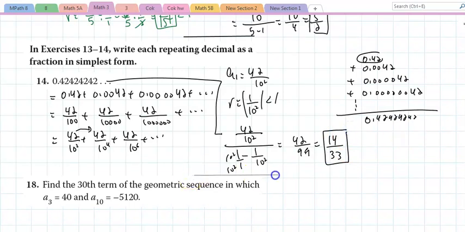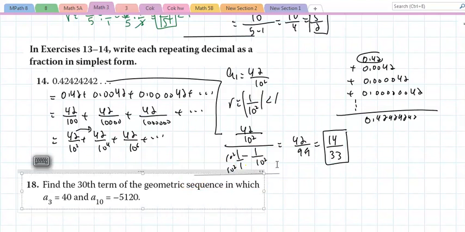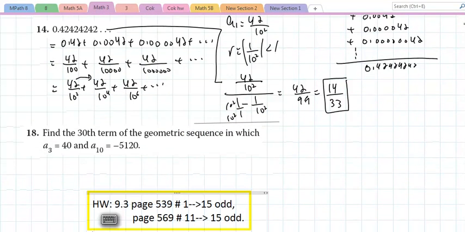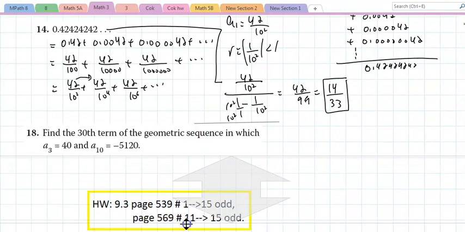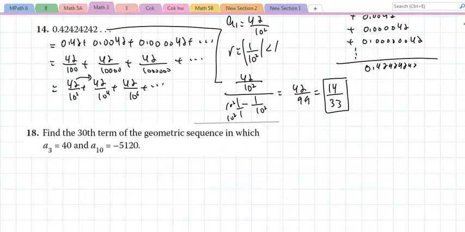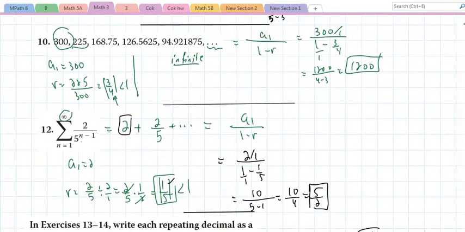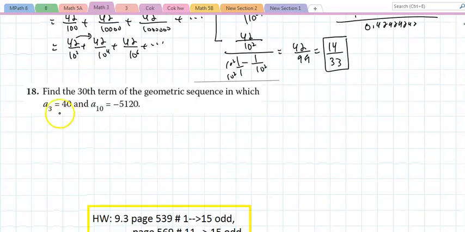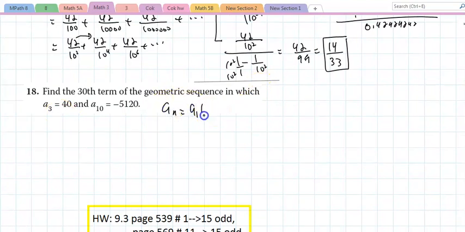And let's do one more. Find the 30th term of a geometric sequence. They've given us a geometric sequence, which means a sub n is a sub 1 times r raised to the n minus 1.